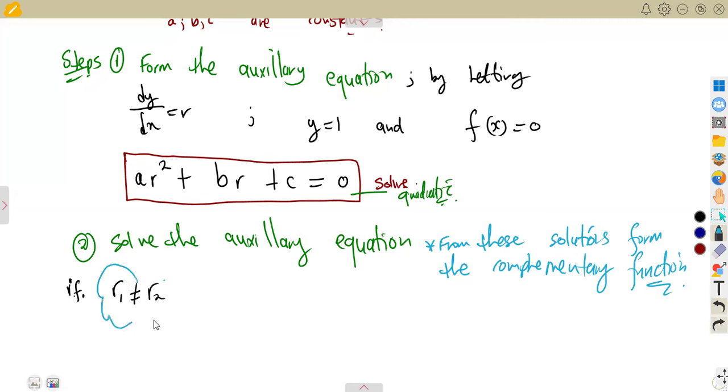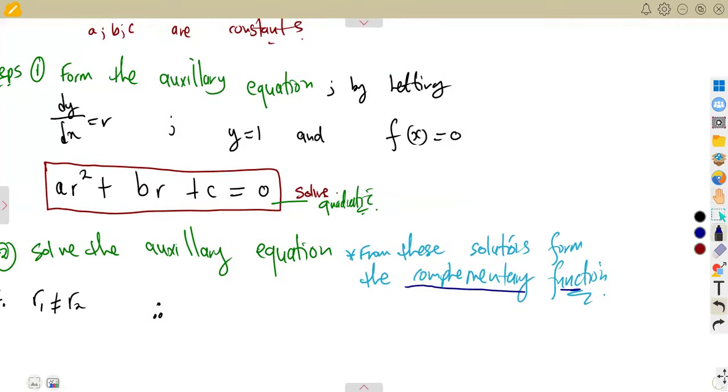If R1 is not equal to R2, it means the solutions are not the same. In that case, the complementary function, which is the major part of our solution, can be written as YC.